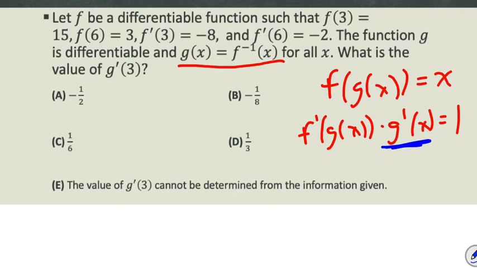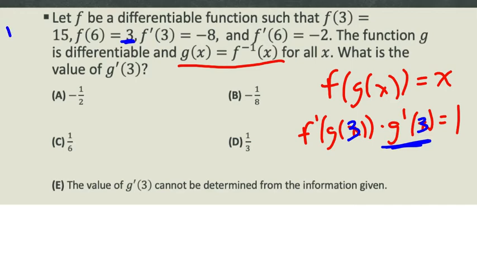All right, so g of x, we're looking for g of 3, so I'm just going to replace this x with a 3. So g of 3, remember, this is an x in the function of g, which means it was a y in the function of f. Right here is the only y value that we have for 3 in f.